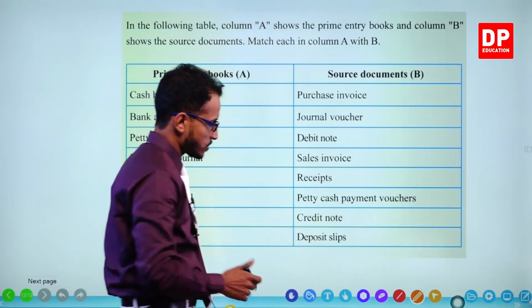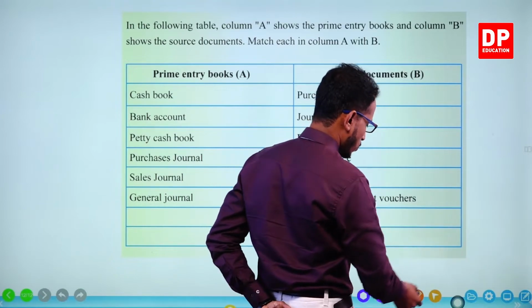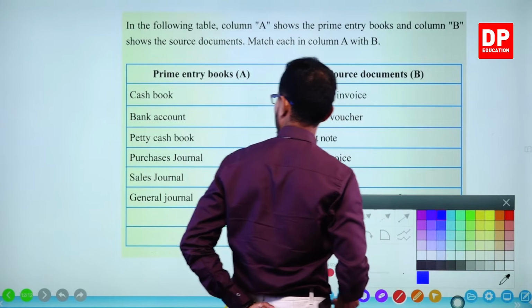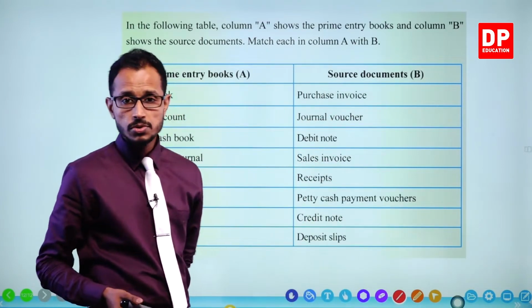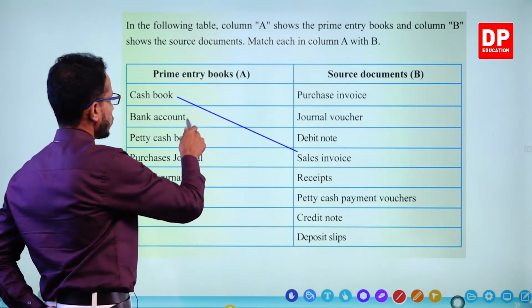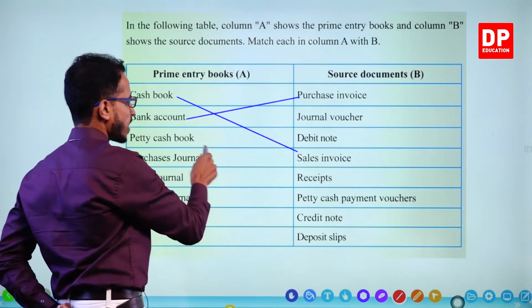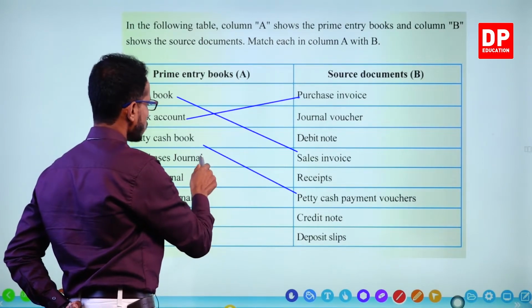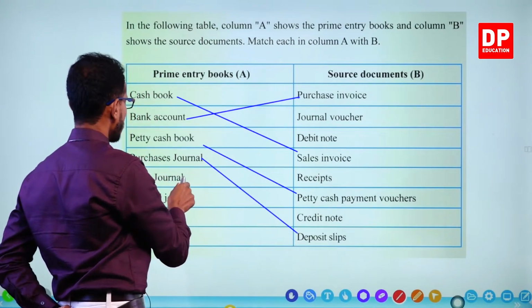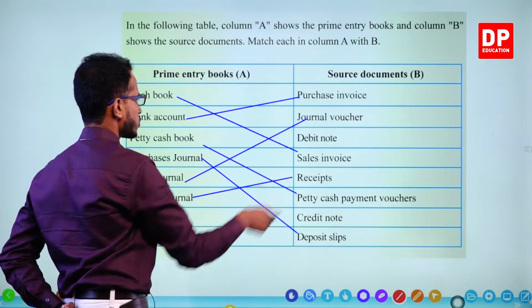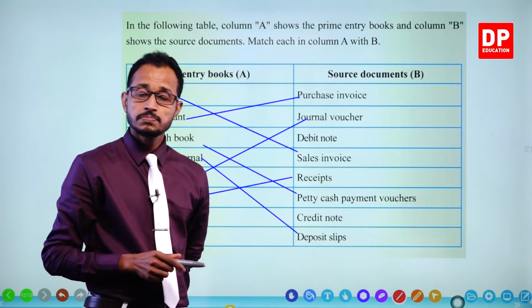Shall I match the prime books to the relevant source documents? Cash book, sales invoice, bank account, purchase invoice, petty cash book, petty cash vouchers, purchases journal, deposit slip, sales journal, journal voucher, general journal, receipts. Done.